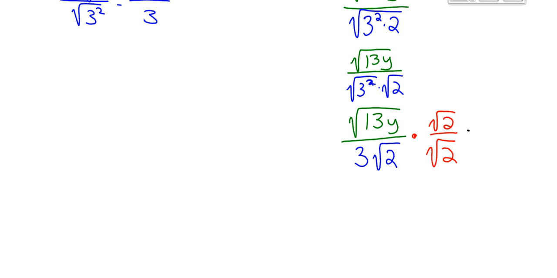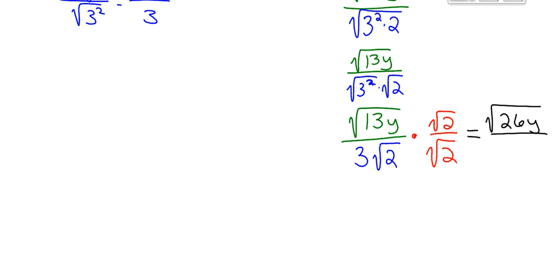So I'll just go to a new color because I've got way too many colors going on here. When I do this top one, those are all radicals, so I'm just going to multiply the things inside the radical with the things inside the radical. So that is going to become the square root of 13y times 2, which is 26y.